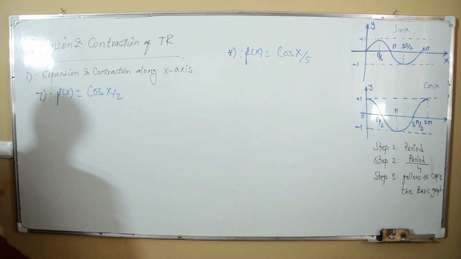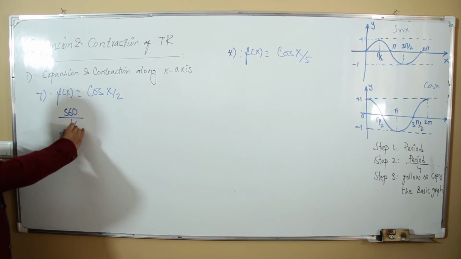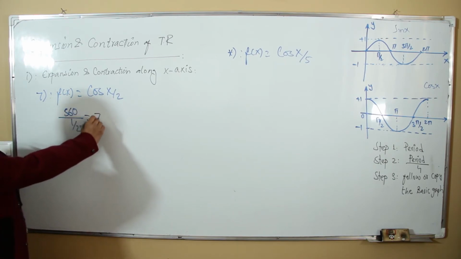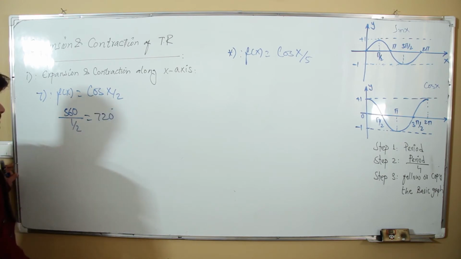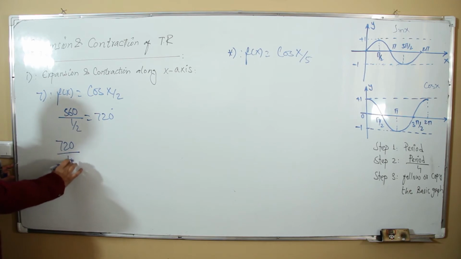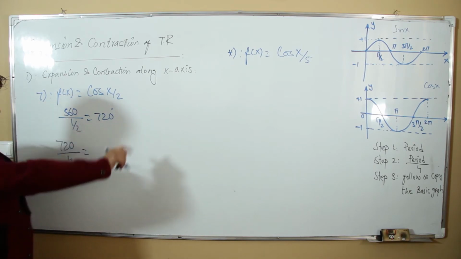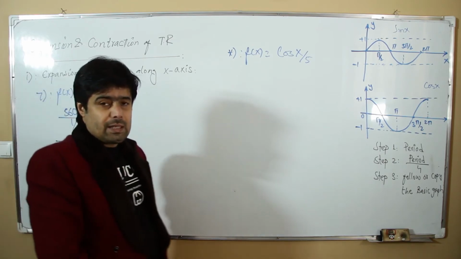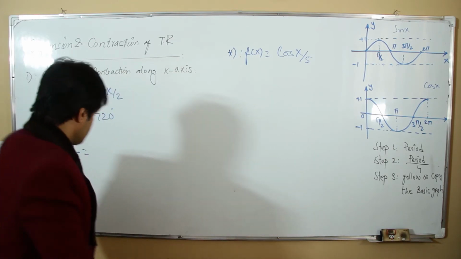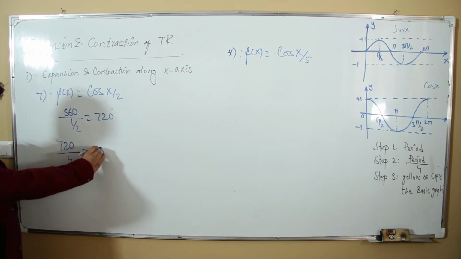For cosine x by 2, first you have to find the period. How can we define the period? Period is 360 divided by 1 by 2, so it is 720. This is our period. Now this 720 should be divided by 4 to find those values that we have to take as a maximum, minimum, or as a cross. 720 divided by 4 is 180.